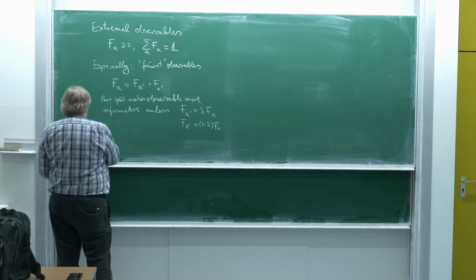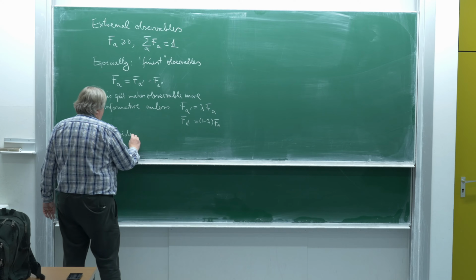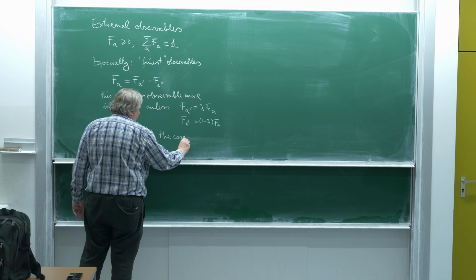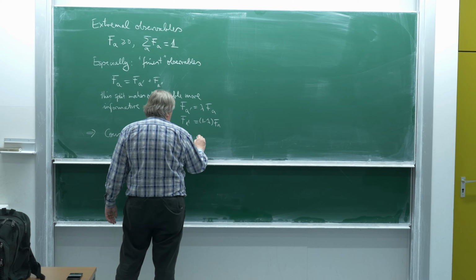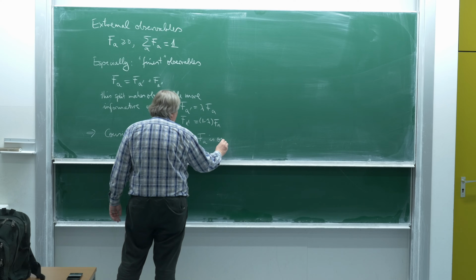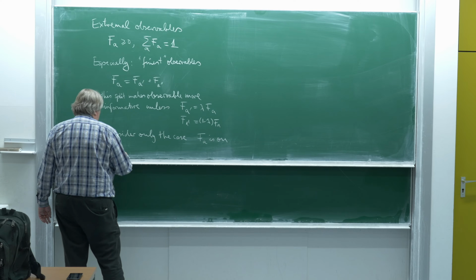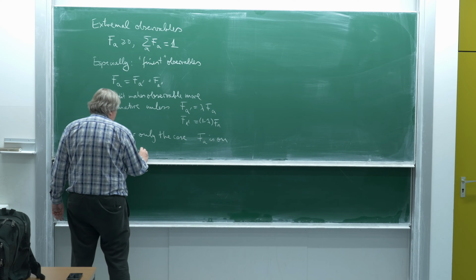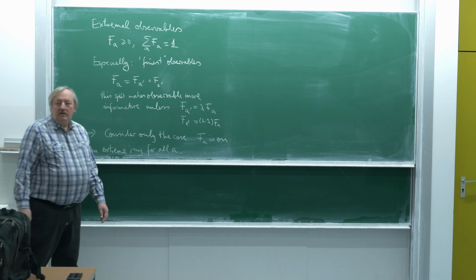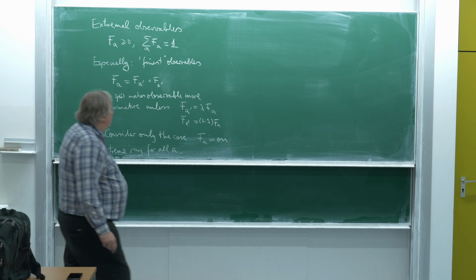So consider only the case where F_A is on an extreme ray for all A. So you can improve an observable as long as that is not the case, and so let's just take the best ones.